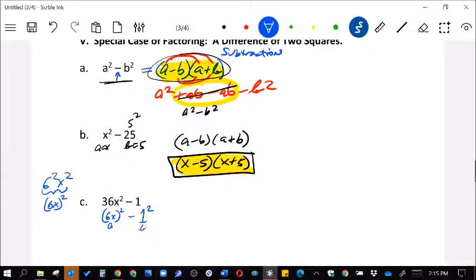So that means the 1 is the b. So now I'll use 6x plus 1 and 6x minus 1. And this is a reminder that it doesn't matter whether the plus or the minus is first. And if you multiply that out, you'll get 36x squared minus 1.